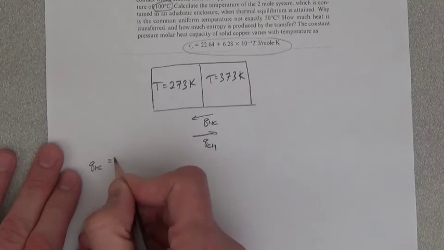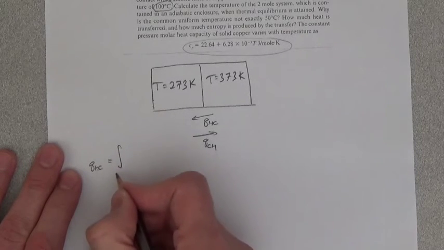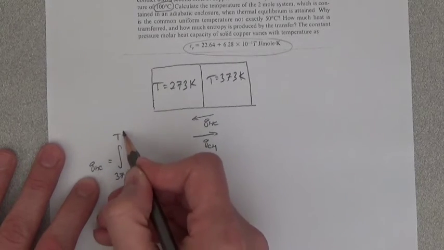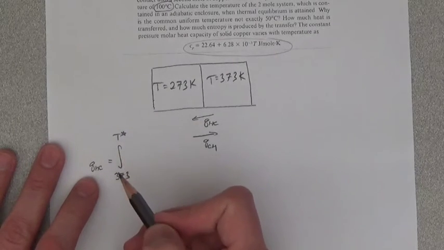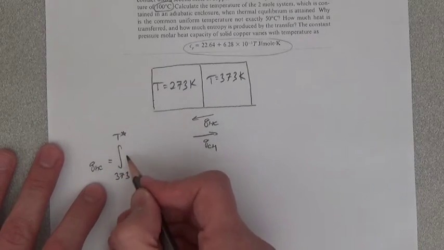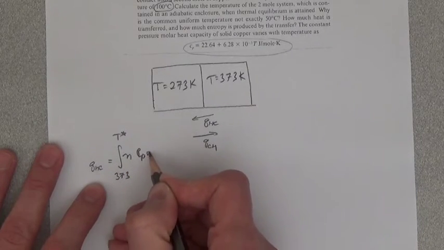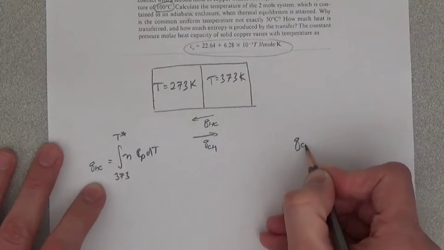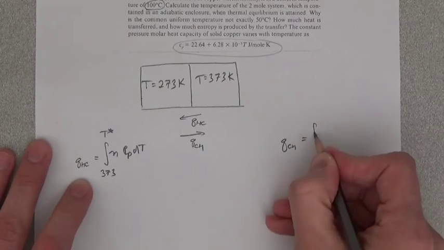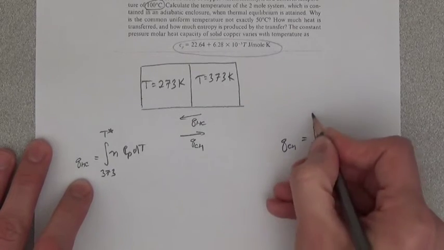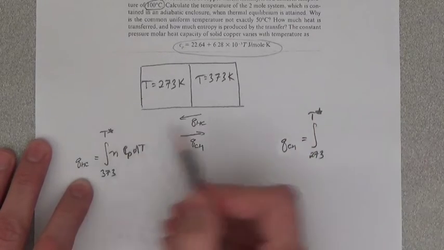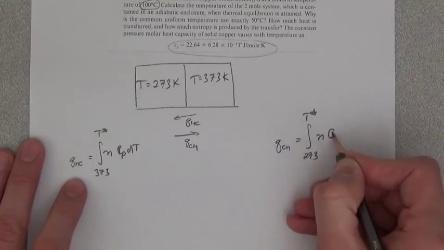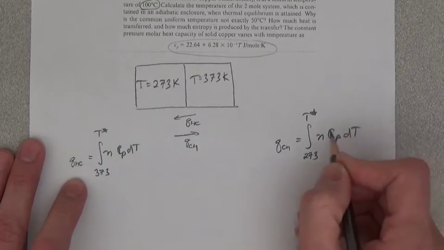QHC is equal to integral 373, so that's going from the hot side to the cool side, to T star, so that's the equilibrium temperature, N Cp dT, and then flowing from the cool to the hot side, we have integral 273 to T star. These two T stars have to be the same because they're reaching equilibrium, N Cp dT.